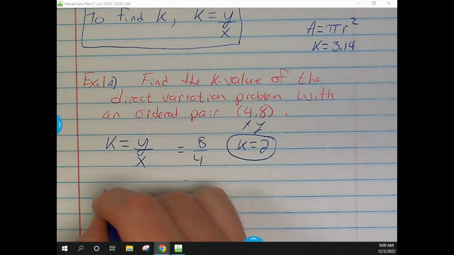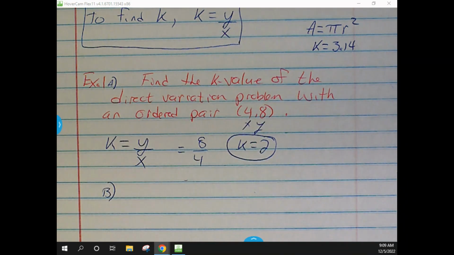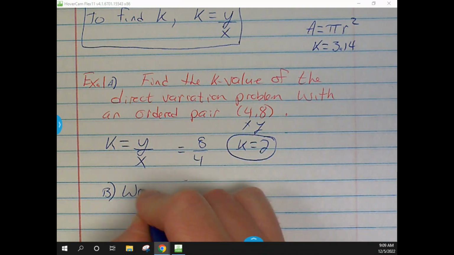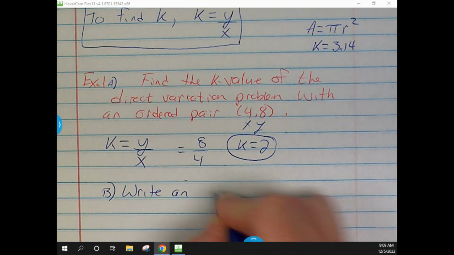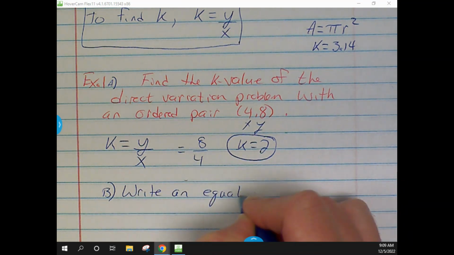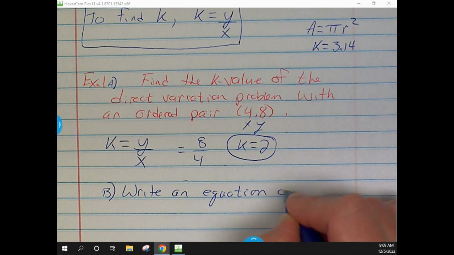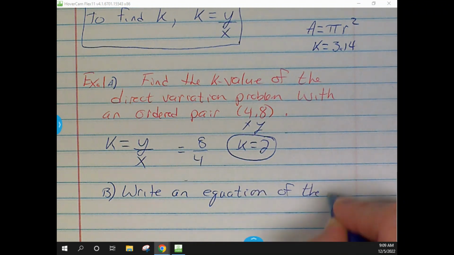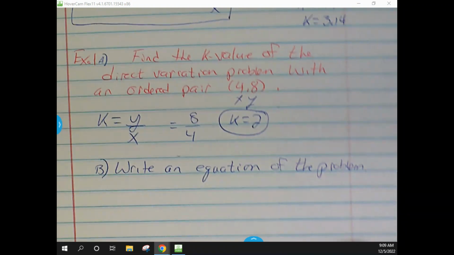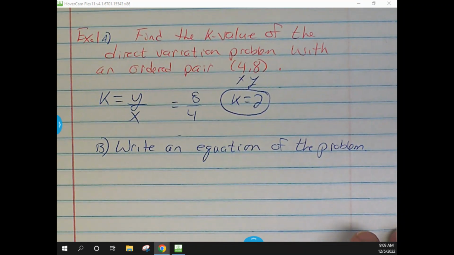if they ask you to write an equation of the problem, so if they ever ask you to write an equation for a specific problem, what they want you to do is you plug back in just the k value.